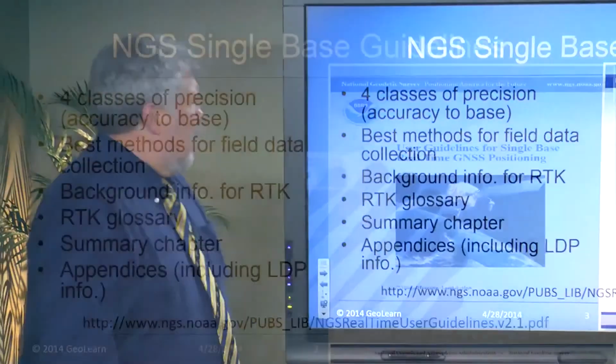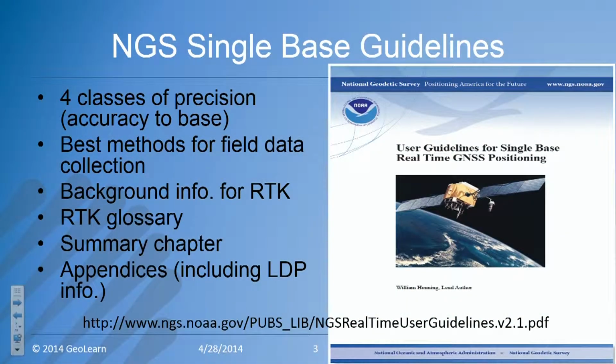So these are the user guidelines for single base real-time GNSS positioning. I actually authored them when I was with NGS during my tenure there with the brilliant folks that work there. The thing about these guidelines, they're as applicable today as they were 5 years ago.